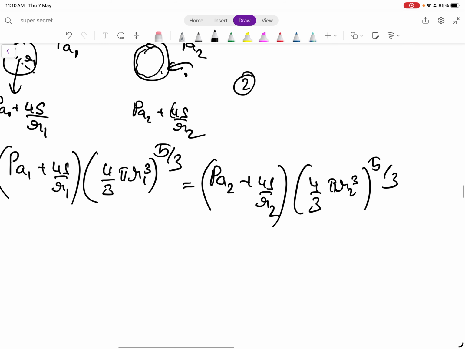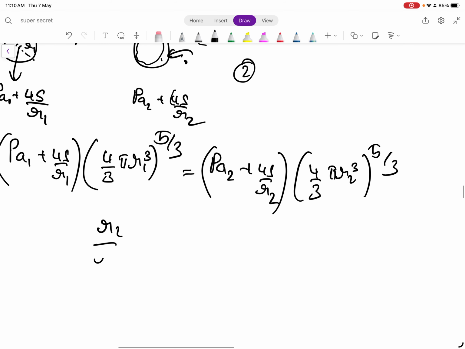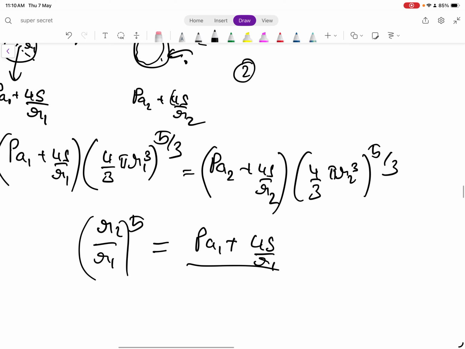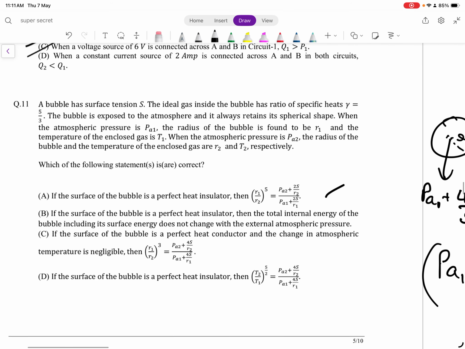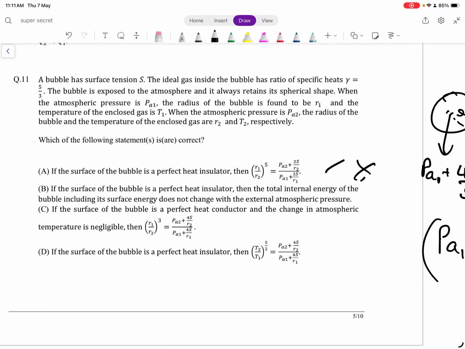So we have R2 by R1 whole power 5 is equal to PA1 plus 4S by R1 by PA2 plus 4S by R2. So A is wrong. Wait, is A wrong? Yeah, A is wrong. Now what about B?